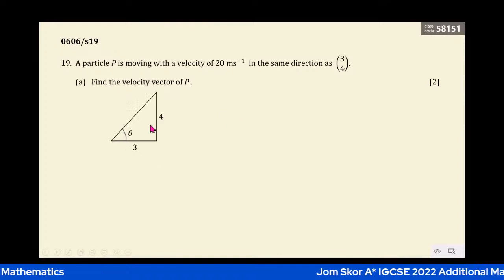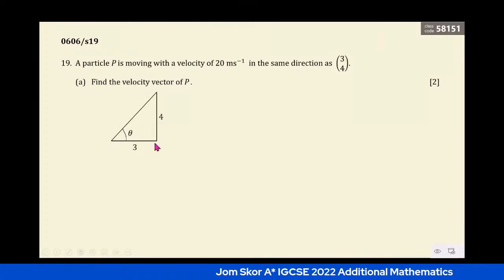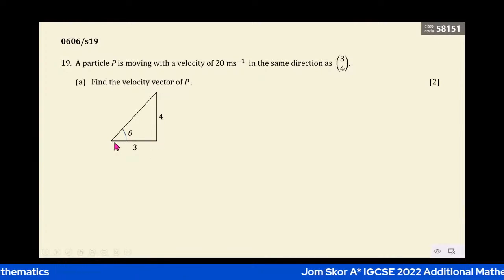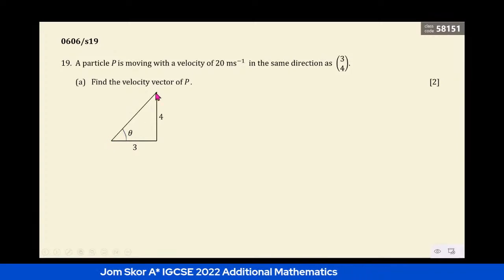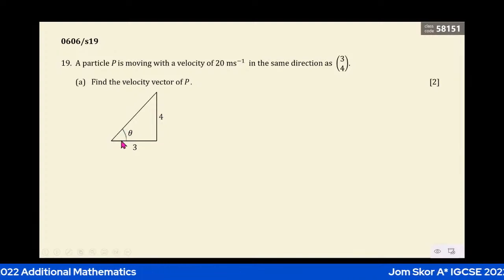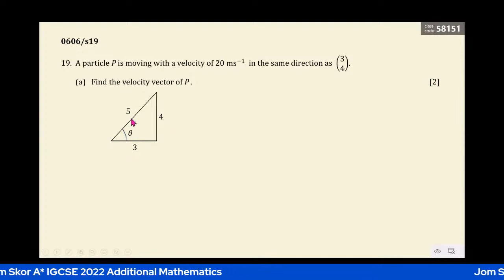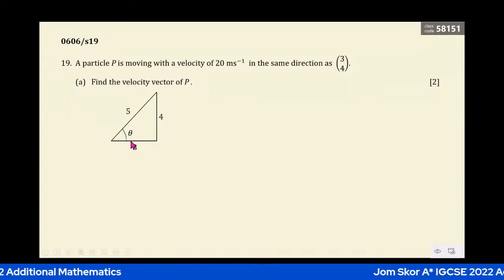Okay, so if you look at this, (3, 4), this is the horizontal movement and this is the vertical movement. So when you have 3 and 4, starting from here, we can form a right angle triangle, and the angle here is theta. So here is 3 and here is 4, by Pythagoras theorem, here is 5.